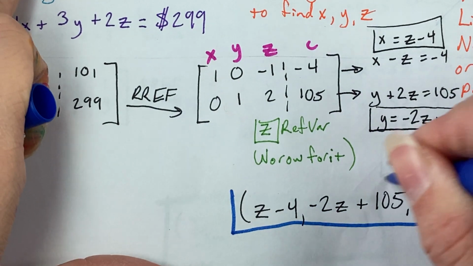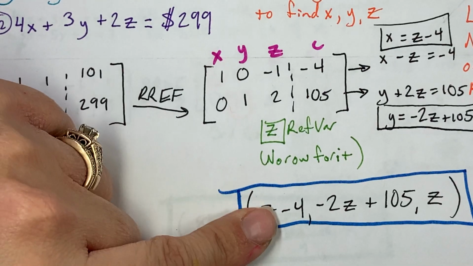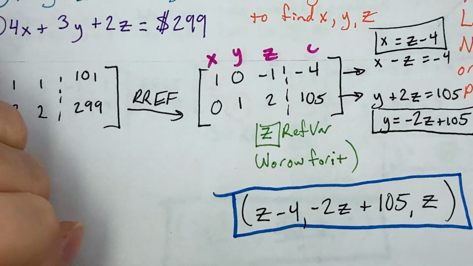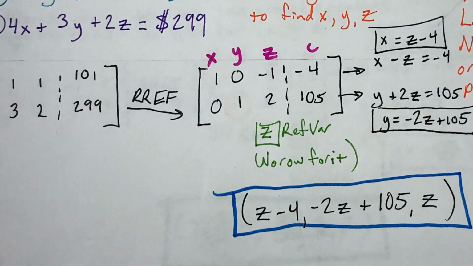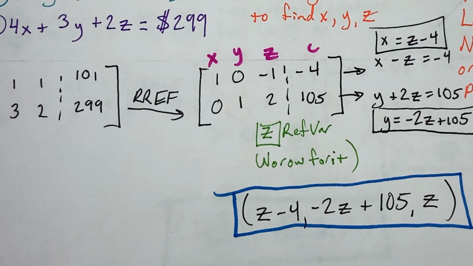Check yourself. So we've got z minus 4 in our x slot, negative 2z plus 105 in the y slot, and z in the z slot. Folks, what questions do you have?